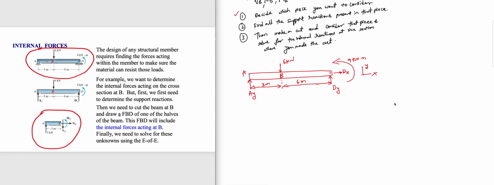But before that, we have to calculate all the support reactions. Support reactions present in AB are just AY.